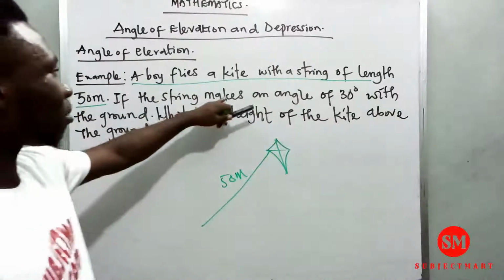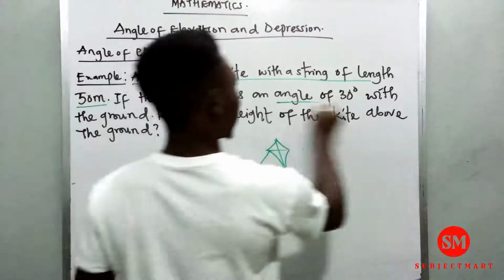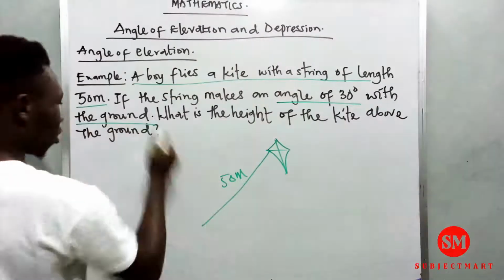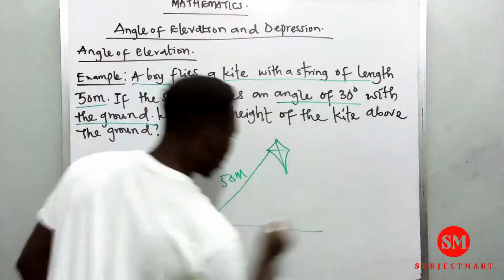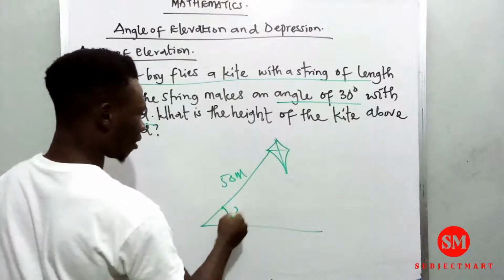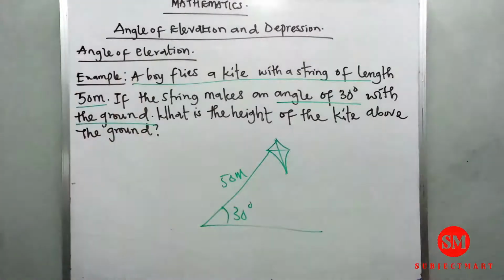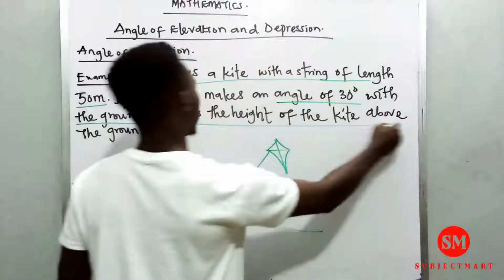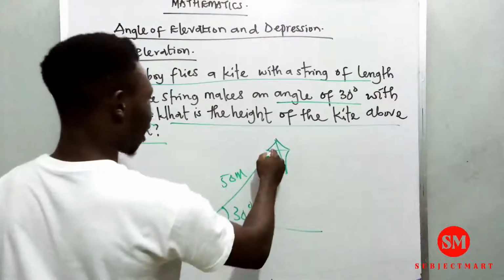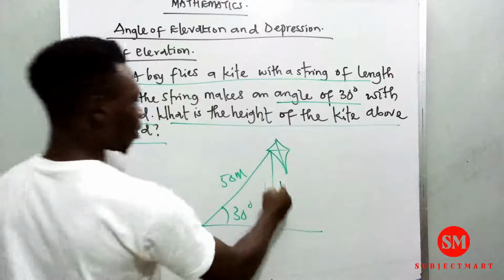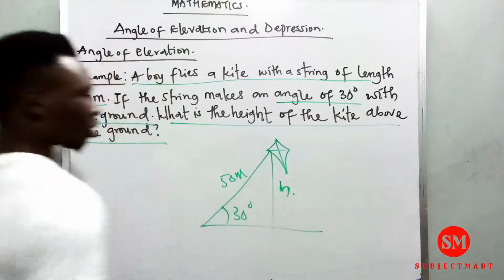Now if the string makes an angle of 30 degrees with the ground, so this is the ground, the string makes an angle of 30 degrees with the ground. Now they said, what is the height of the kite above the ground? Now this is the kite. What is its height above the ground? Let that height be h.